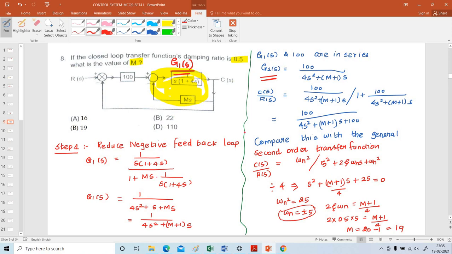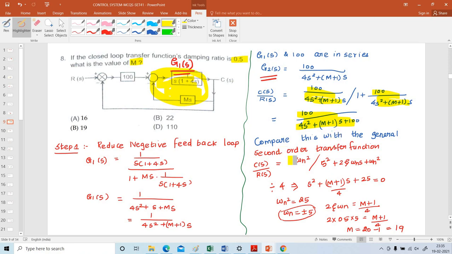So what is the formula? G of S divided by 1 plus G of S into H of S. So here I have to substitute the value of G of S: 100 divided by 4S square plus M plus 1 into S, divided by 1 plus G of S into H of S. H of S value is 1. Now I have to reduce using the LCM. So finally we get 100 by 4S square plus M plus 1 into S plus 100.